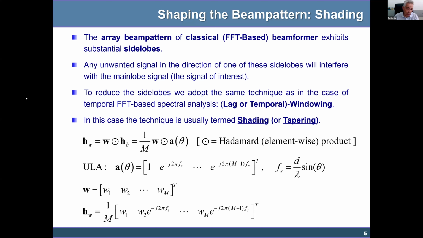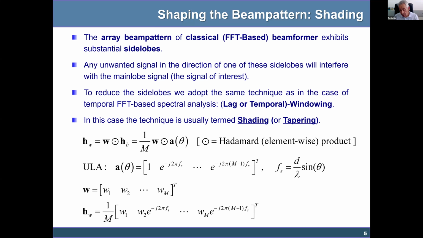So the idea is the following. Introduce a weighting on our beamformer. We multiply each element of the impulse response of the spatial filter by a window, W, and in order to reduce the side lobes, this window should have a transition from the maximum value to the minimum smoother than a rectangular window.